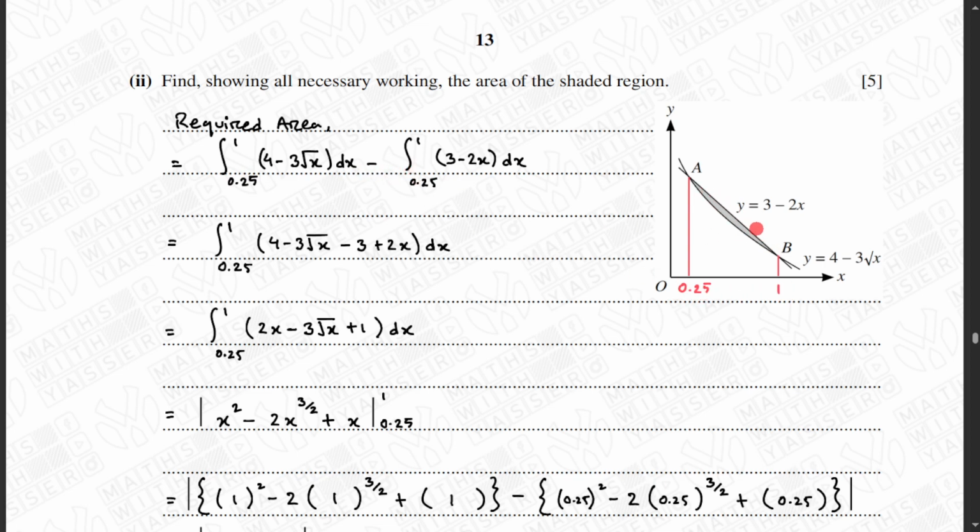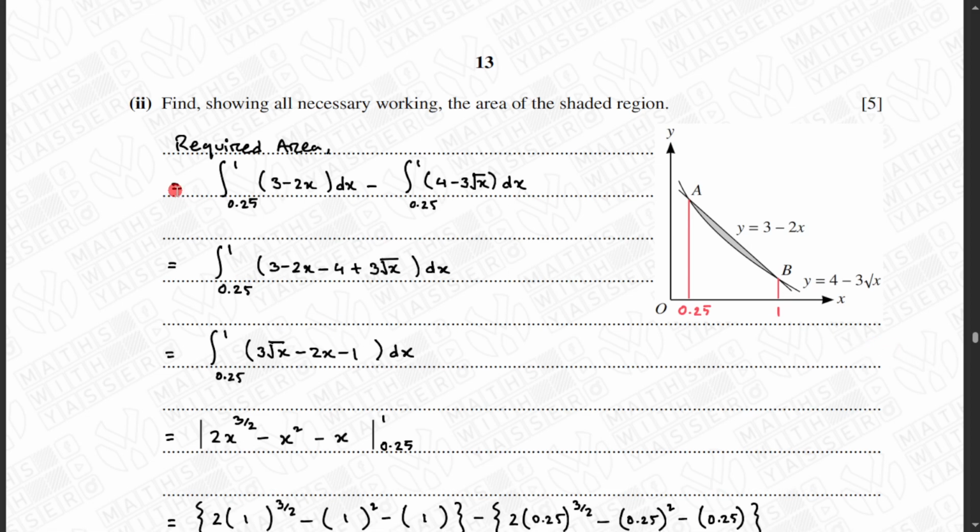In order to find the area of the shaded region, we need to find the area below the linear equation, and we need to take away the area below the equation of the curve. So to find the required area, we need to take away the area under the curve from the area under the line. So 3 minus 2x minus (4 minus 3 root x).